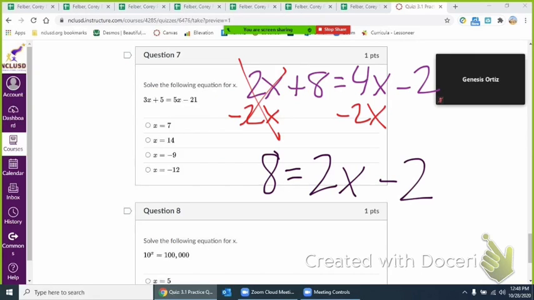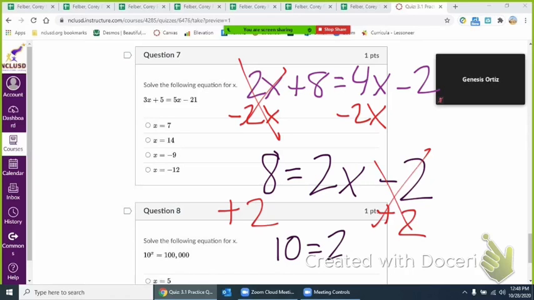All right, so we got to move the smaller x over first to keep them positive. Now we got to get rid of the minus 2 because we're trying to get x by itself. So we have to get rid of the minus 2 now, okay? Do that to both sides. All right. Now we'd end up with 10 equals 2x. All right, and then remember to solve this, we got to undo 2 times x.